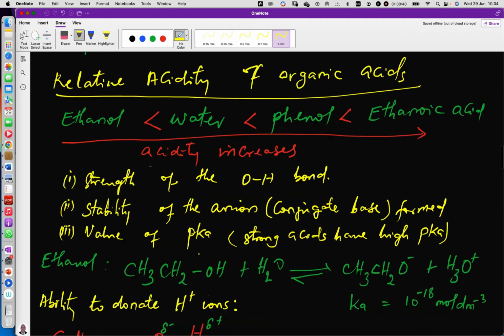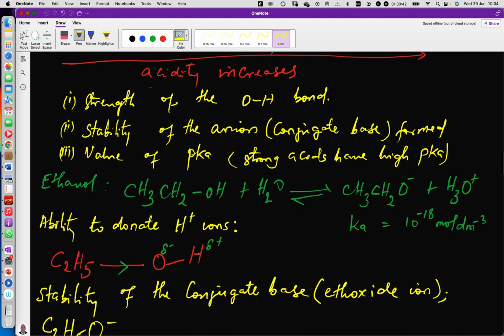We started with ethanol, and we said that ethanol is very weak. The reason is that CH3CH2OH, the ethyl group, is an alkyl group. It is electron donating.